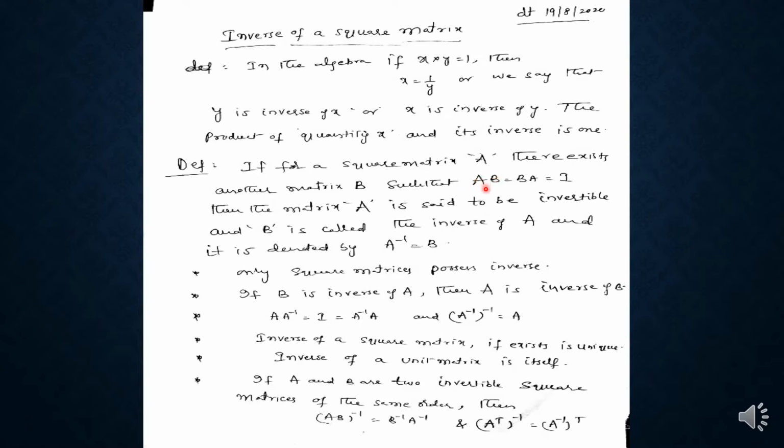So the product of the matrix and its inverse is equal to I, the unit matrix.